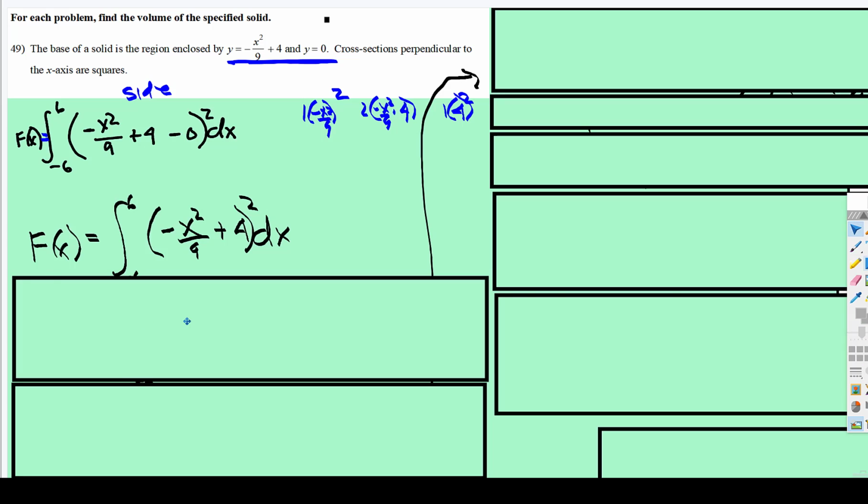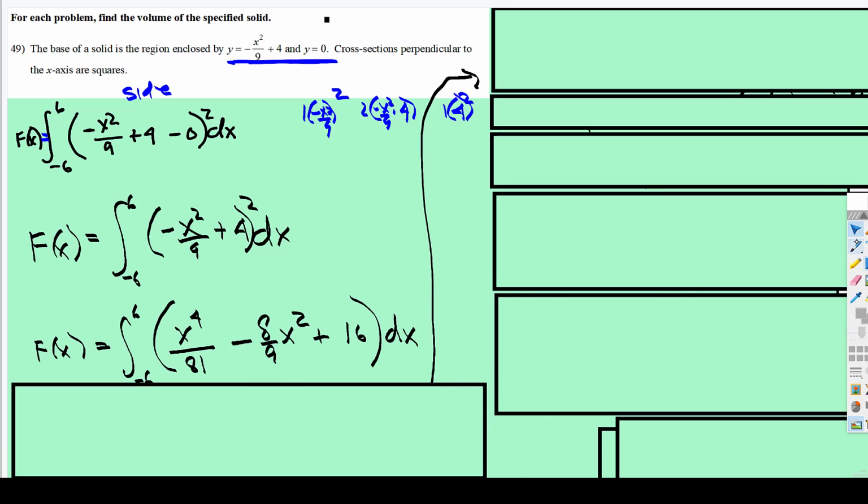So let's see what happens here. Negative x squared squared is x to the 4th. 9 squared is 81. And then it's 2 times 4 times negative 1/9, which is negative 4/9, but there's going to be 2 of them. So that's where we get negative 8/9 x squared. And then 4 squared is 16.